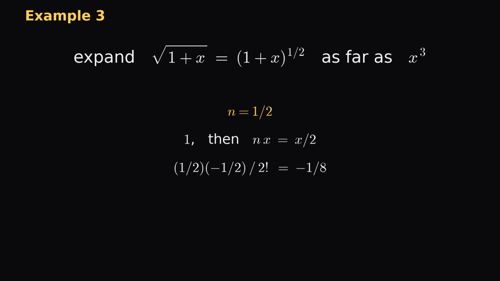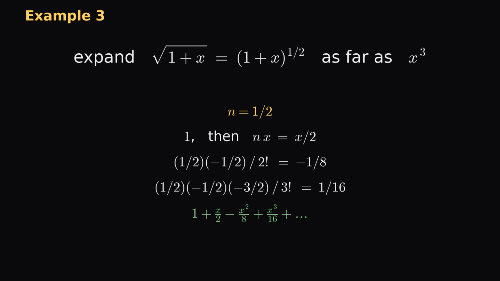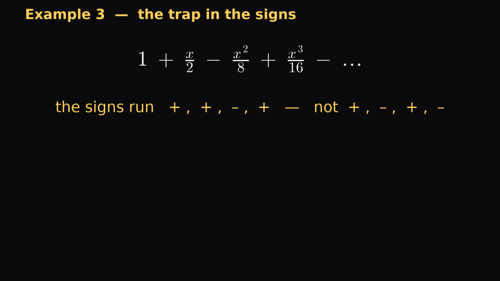Minus a quarter over 2. Minus an eighth. Then a half times minus a half times minus 3 over 2, over 3 factorial. 3/8 over 6. 1/16. So 1 plus x over 2 minus x squared over 8 plus x cubed over 16.